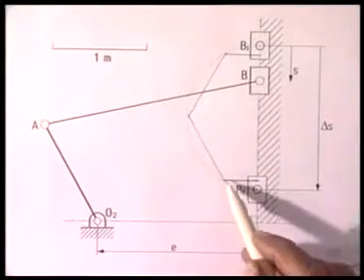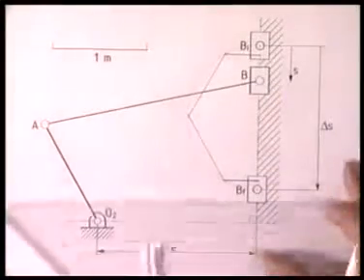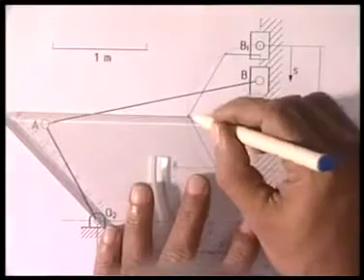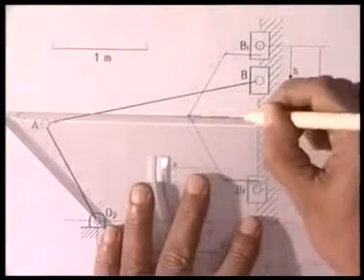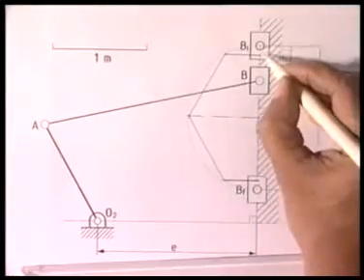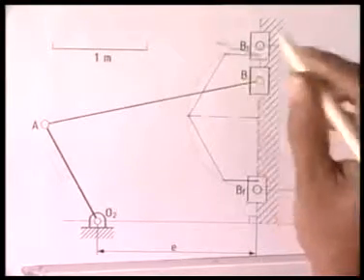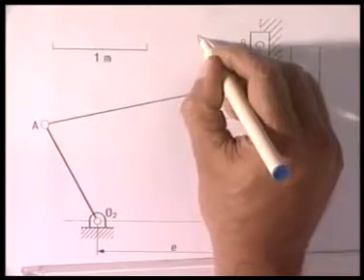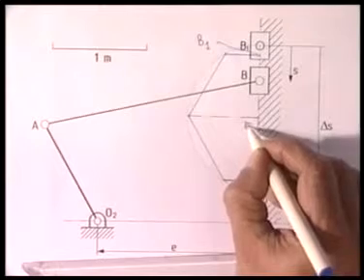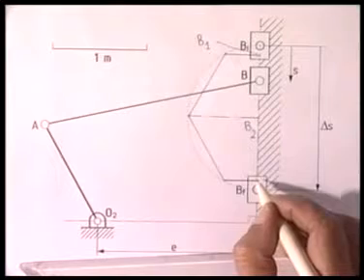So the projection of these three vertices 1, 2 and 3 onto this diameter BI BF locates three accuracy points, namely B1, B2 and B3.